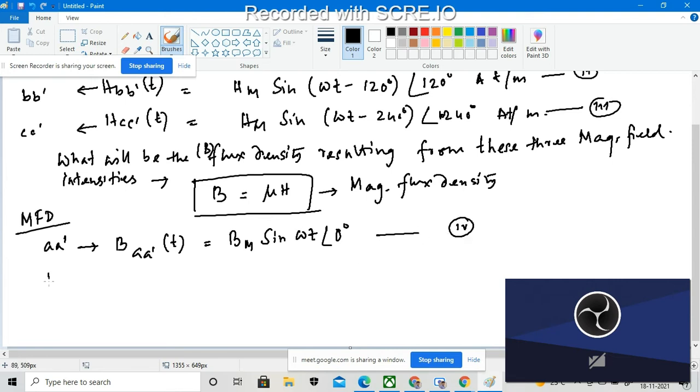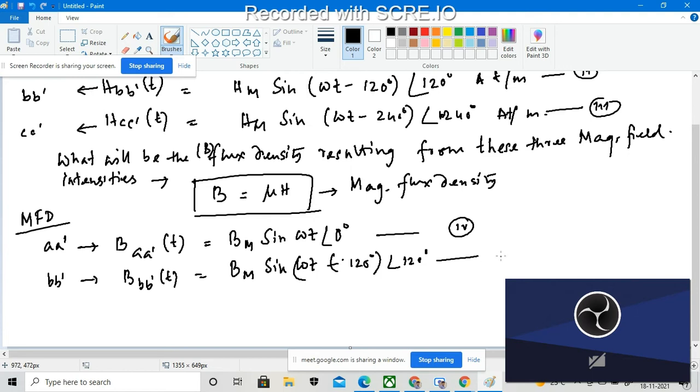Okay, so for the coil of B dash, what will be the magnetic flux density? Tell me. Bm sine of omega t minus 120 degree, at an angle 120 degree apart. So this is my equation 5. Okay, and for the coil of C dash, it will be very interesting if we understand.